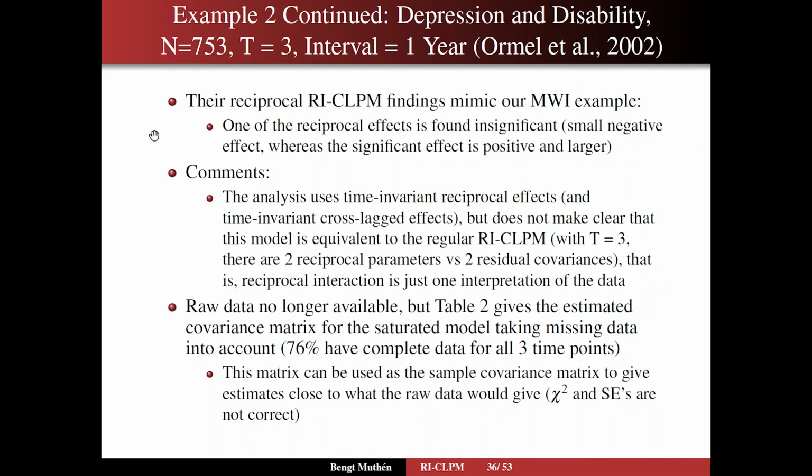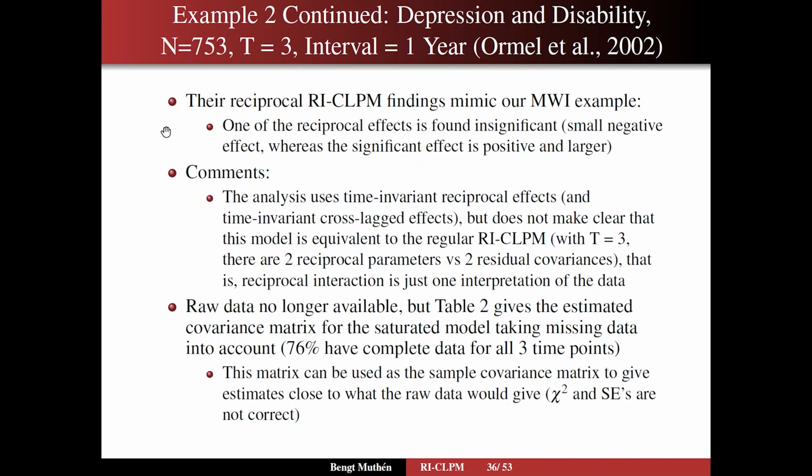On the next page, we conclude that this reciprocal RI-CLPM has the same kind of finding that we saw in our MWI example. One of the reciprocal effects is found insignificant, a small negative effect in this case, which would not make sense even in this context, whereas the significant effect is positive and larger. So that's why the small negative was fixed at 0.